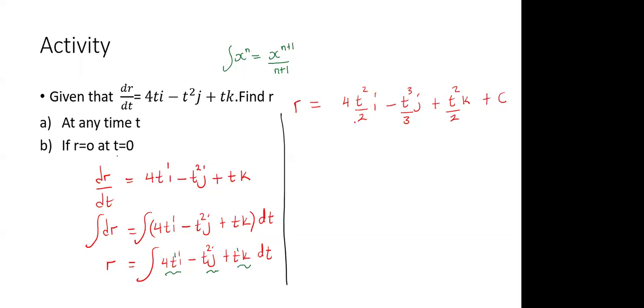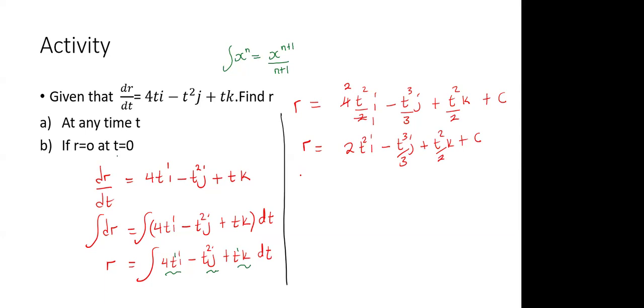But we can now continue. The 2 and the 4 can reduce, say by 2, 1, by 2. So we shall have 2t squared i minus t cubed out of 3 j plus t squared out of 2 k, then plus c. And this is r.